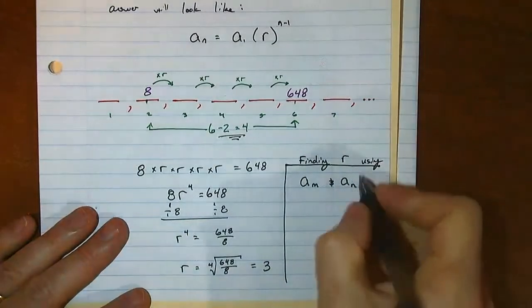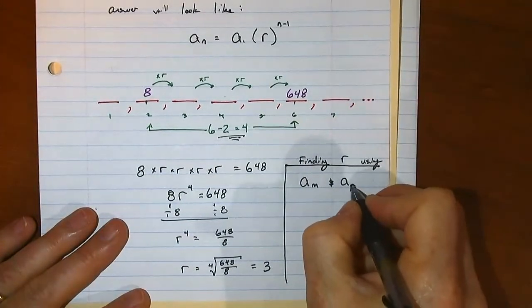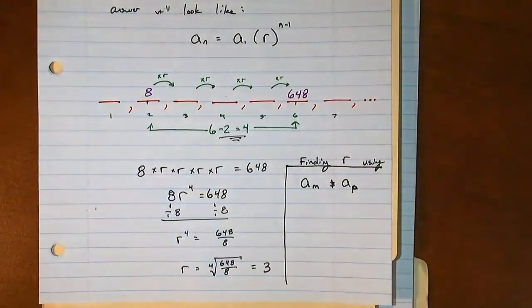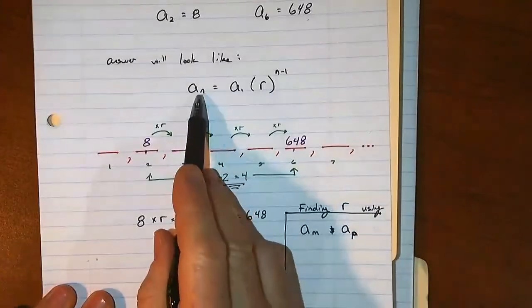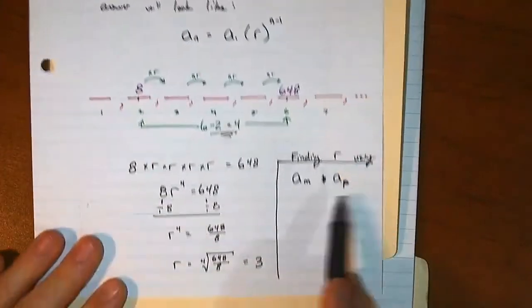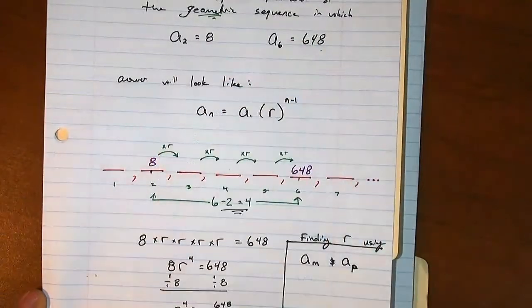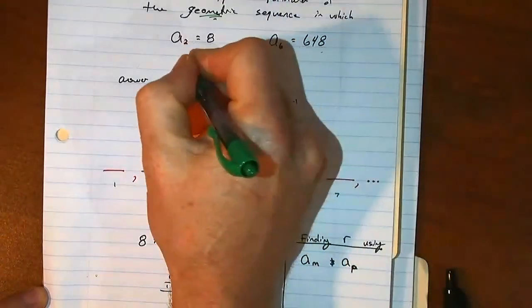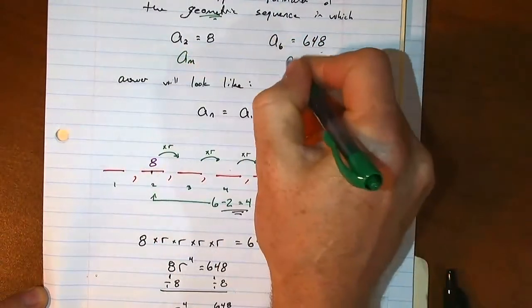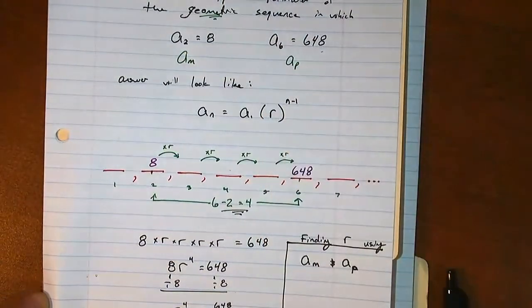Let's go M and P. Term M and term P. I don't want to use term N because I don't want to get confused with this. So in this case, the two terms that I'm given, I'm thinking of this as being term M, and I'm thinking of this as being term P.